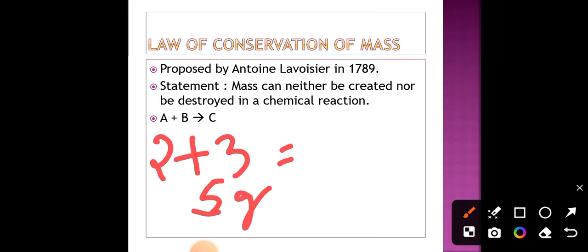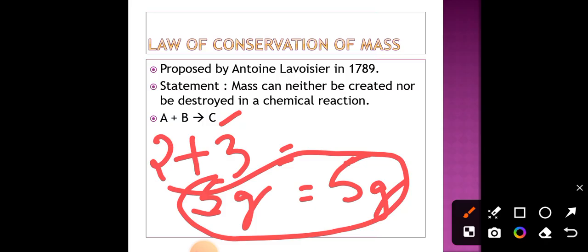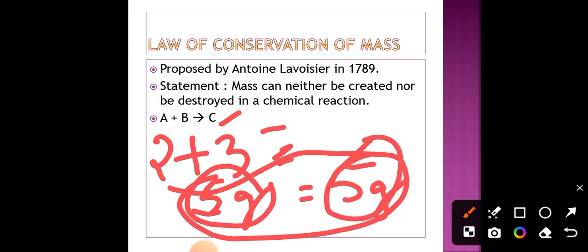So now if 5 grams of A and B are reacting and C is formed as product, then C must also be 5 gram, which holds good for this law, that is the law of conservation of mass. Means whatever amount of reactants we are utilizing in the reaction, the same amount of products must be formed. So this is according to the law of conservation of mass, which is proposed by Antoine Lavoisier.